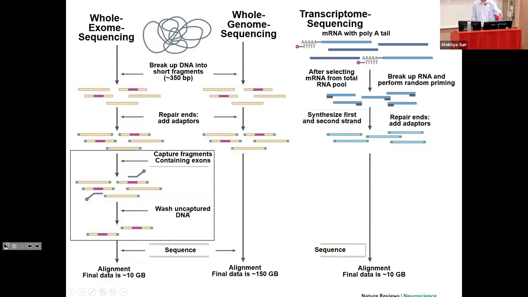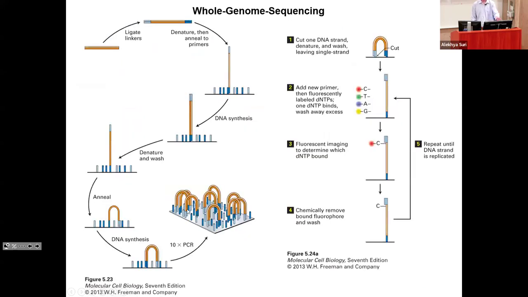Just for information purposes, you should know that whole genome sequencing exists, using either DNA fragments or RNA. This is just technically how it would look.